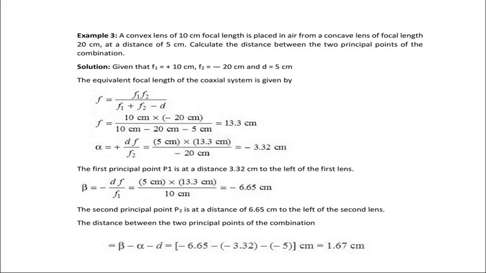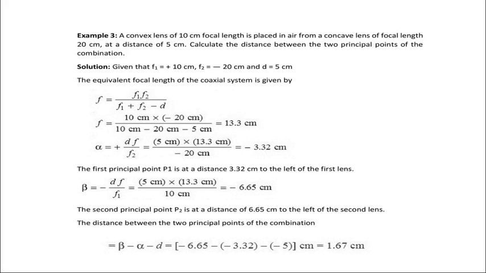So beta is equal to minus df by f1, which is 5 cm into 13.3 cm by 10 cm. It turns out to be equal to minus 6.65 cm. The second principal point P2 is at a distance of 6.65 cm to the left of the second lens.